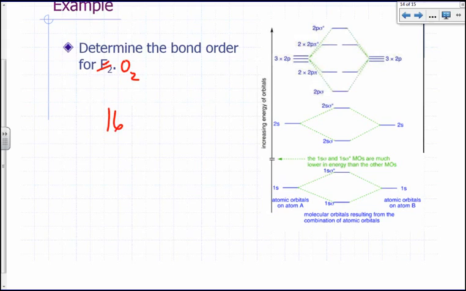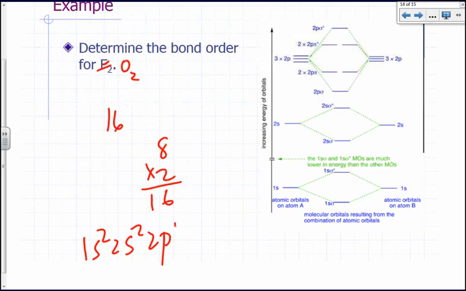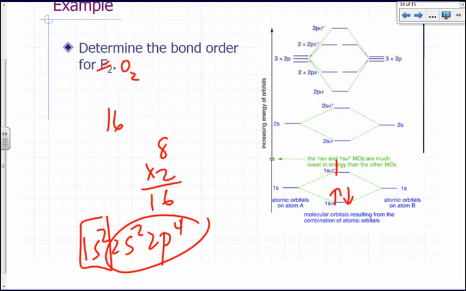Oxygen would be 16 electrons, right? 8 times 2. 1s2, 2s2, 2p4, right? 6 in the valence shell and 2 in the core for each atom. So 16 electrons: 1, 2, 3, 4, 5, 6, 7, 8, 9, 10, 11, 12, 13, 14, 15, 16.